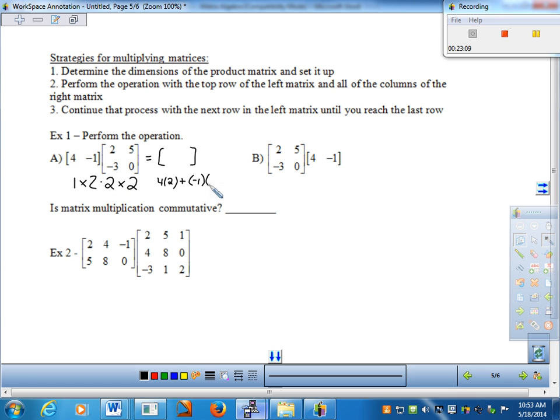Across the left and work down the right. Again, go back and visualize that sushi problem one more time if you need to. Well, again, it's just arithmetic here. 4 times 2 is 8, plus -1 times -3, that's 3. 8 plus 3 is 11. So that is, and notice where it stands.